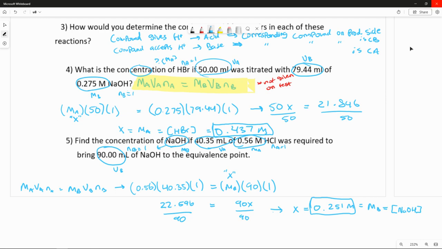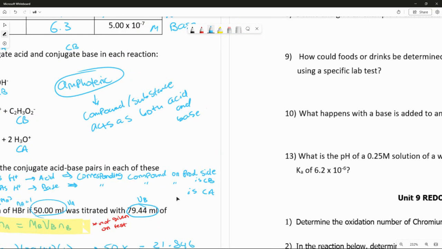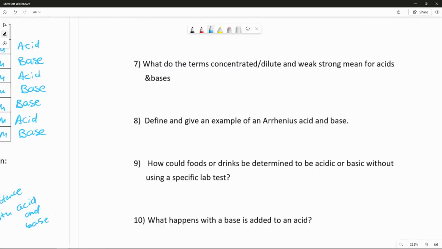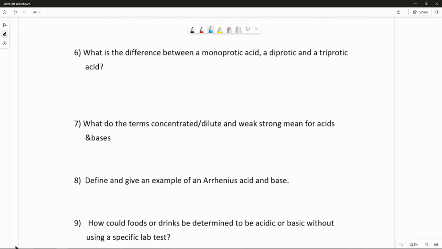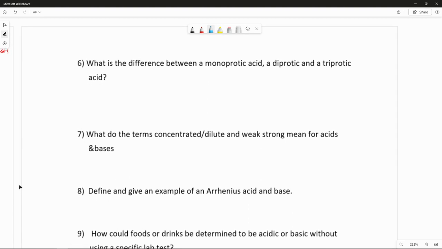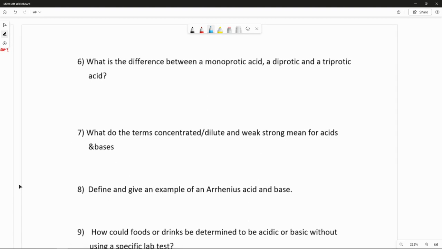All right, let's move on to question number 6. This is a medium large unit, so it is going to be a little longer than the other ones. What is the difference between a monoprotic acid, a diprotic, and a triprotic acid? So as you know already, mono means 1, di means 2, and tri means 3.